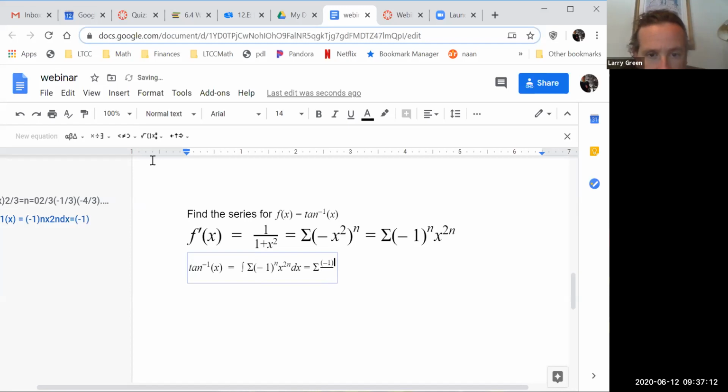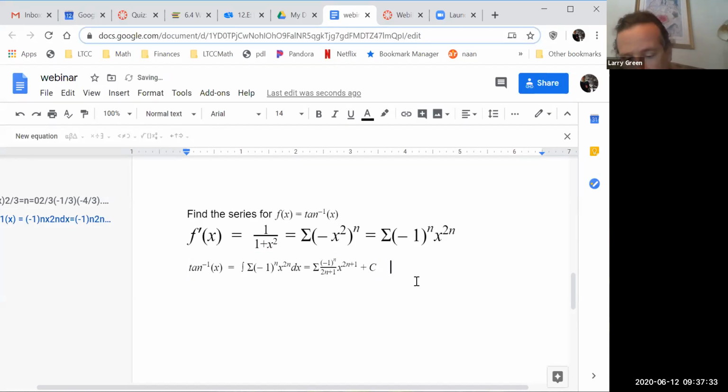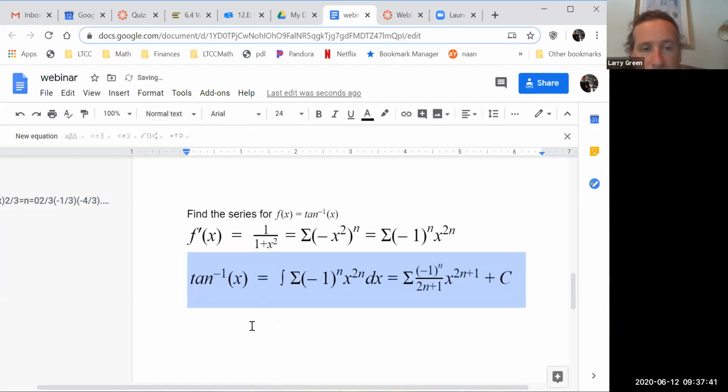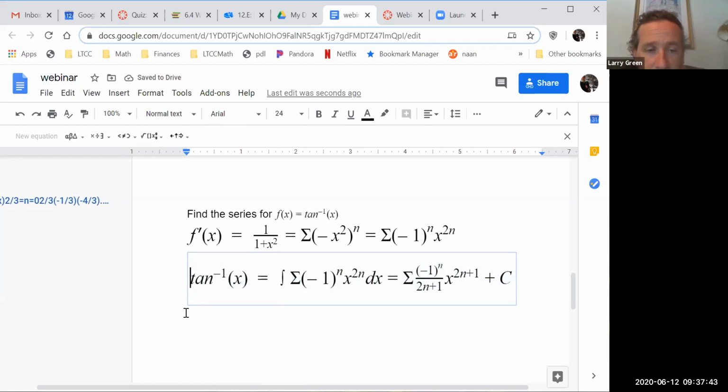So negative 1 to the n divided by 2n plus 1, x to the 2n plus 1, plus c. Don't forget we integrated, so we got a plus c. Let's make that a little bigger so you can see it. Any questions on that? How do I find c?